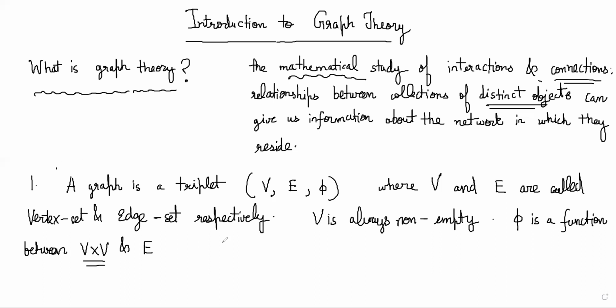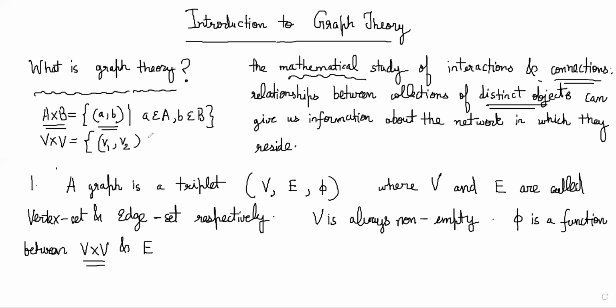Whenever you do A cross B, where A and B are two sets, you are saying it's a collection of ordered pairs such that small a belongs to A and small b belongs to B. So V cross V is basically pairs like V1, V2, such that V1 belongs to V and V2 belongs to V, right? And there can be many such pairs of vertices.